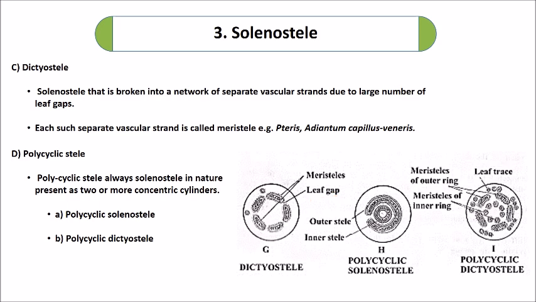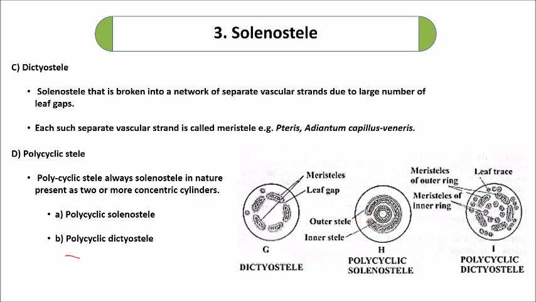Then come to the polycyclic stele. If you see the polycyclic, the word itself describing, poly means many, cyclic means ring, that is many rings. Here you can see many rings of vascular strands and with a leaf gap, that's why it is polycyclic Solenostele.